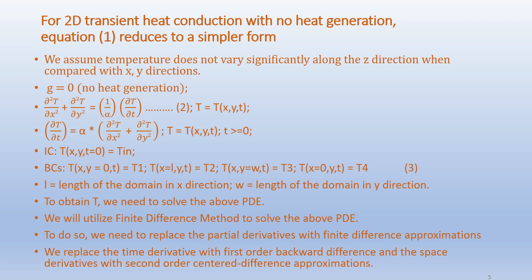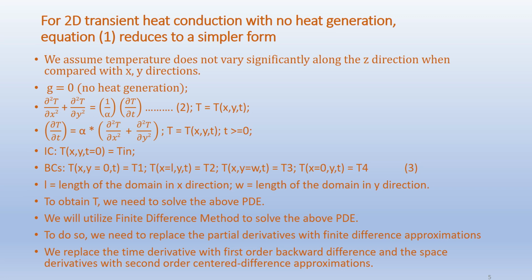We then get del square T over del x square plus del square T over del y square equals 1 over alpha times del T over del t, and T is a function of x, y and t. Rearranging this equation, del T over del t equals alpha times del square T by del x square plus del square T by del y square. T is a function of x, y and t, where t is greater than or equal to 0.